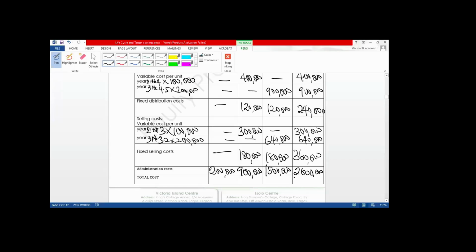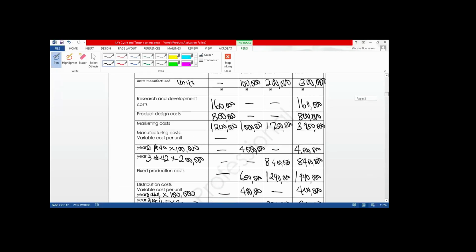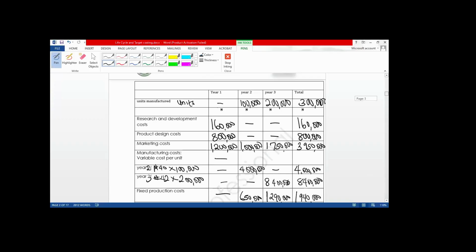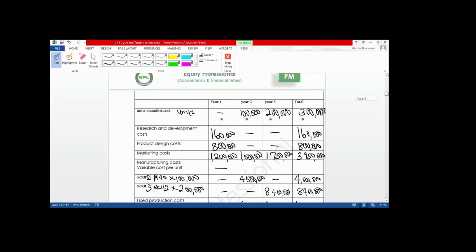You have taken all the costs incurred throughout the product life cycle. You can now get the total for year 1, total for year 2, total for year 3, then the grand total.